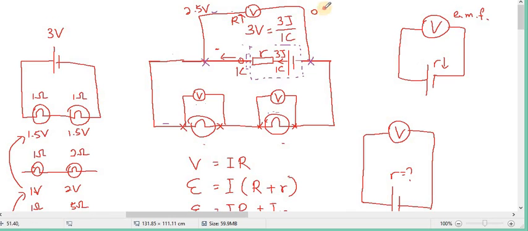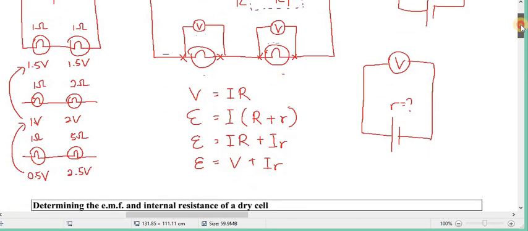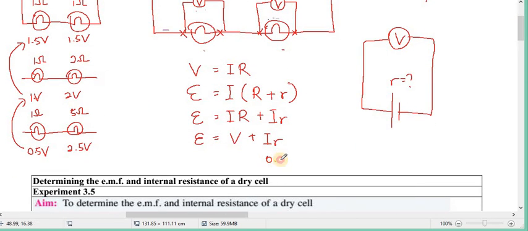0.5 volt, right? This is the voltage drop. So this amount, 0.5 volt, is this one, right? 0.5. This is the external potential difference, which is 2.5. EMF is 3, right?